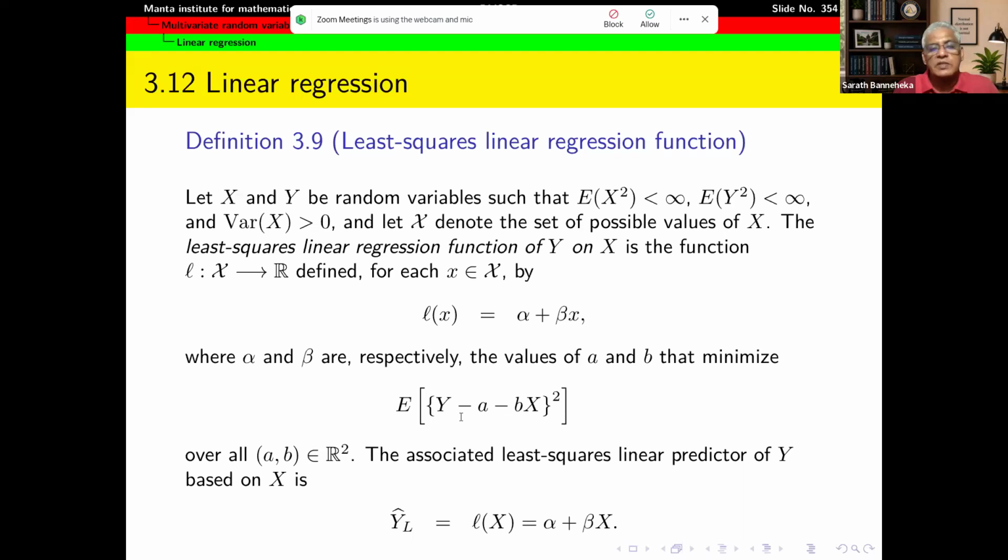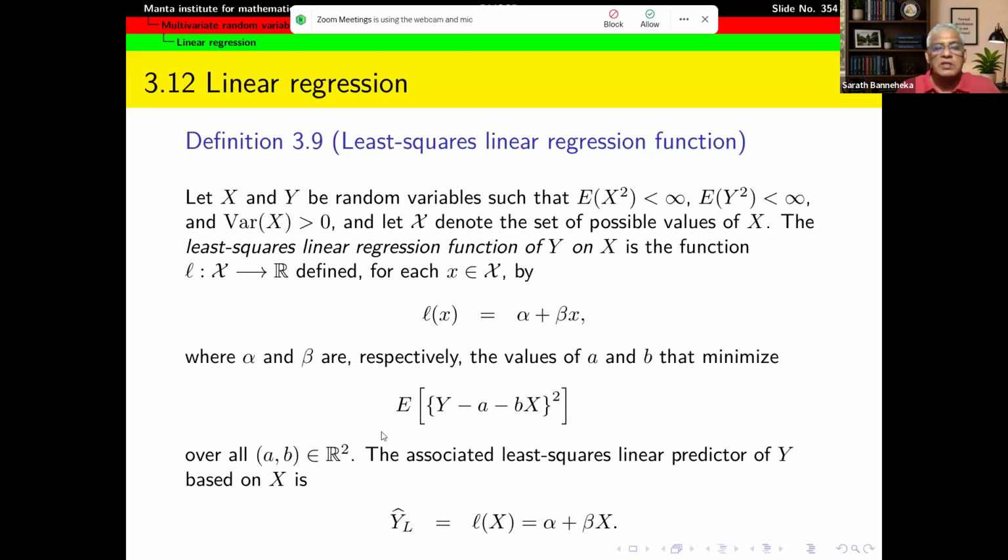If you, for example, consider a straight line A plus bx, then y minus A minus bx can be considered as the distance between y and A plus bx. So we are considering the values of A and B that give you the minimum expected value of the squared differences between y and A plus bx.